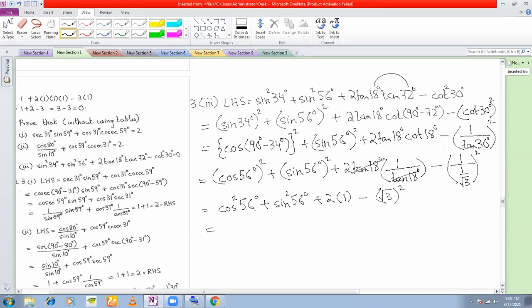Now what is cos square theta plus sine square theta? 1, plus 2 into 1 is 2, minus root 3 square is 3. So you get 3 minus 3, which is equal to 0, which is equal to RHS. Proved.